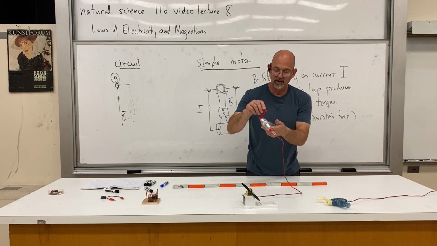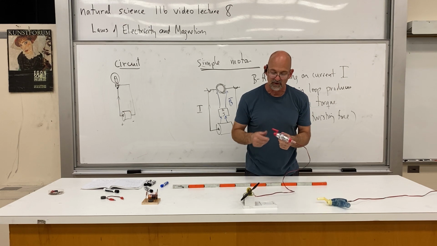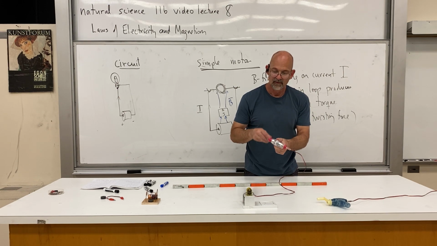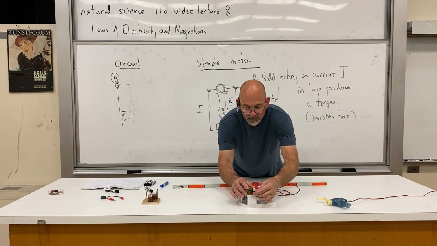That's simple, right? Turn the generator, generate electricity, get the electric motor to turn. Reverse, reverse. Let's see. Slow. There we go. Good. Wow. Propeller fell off.